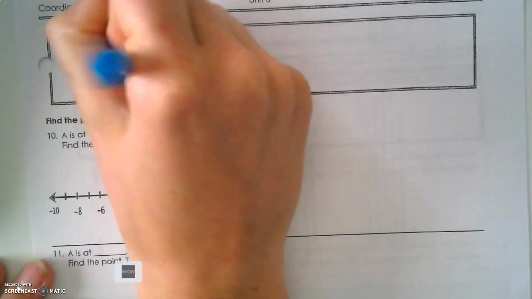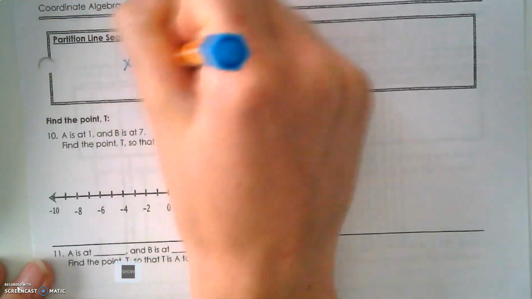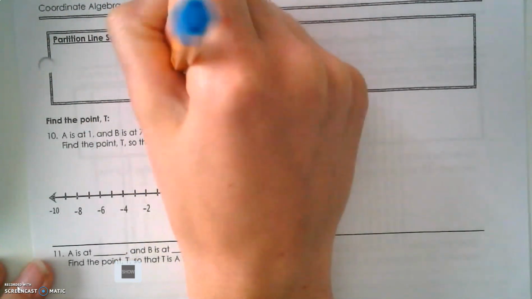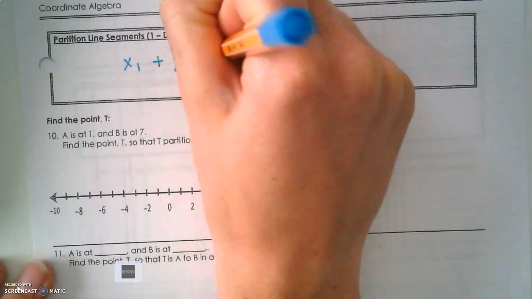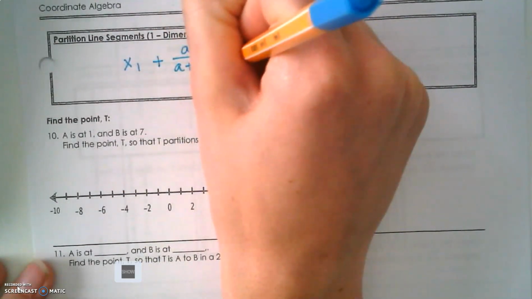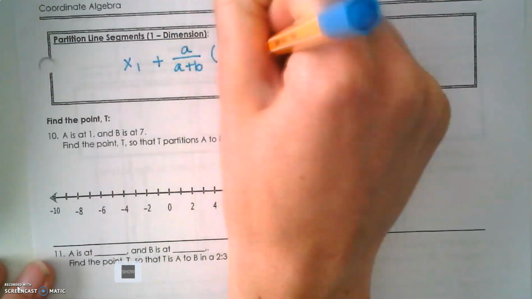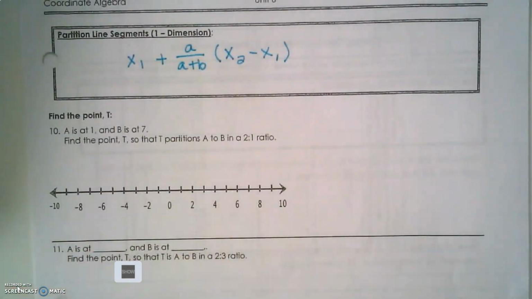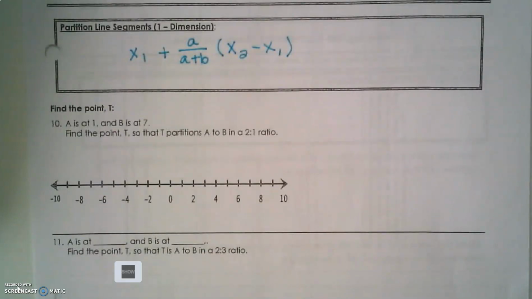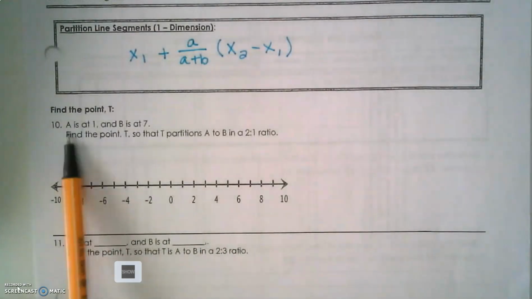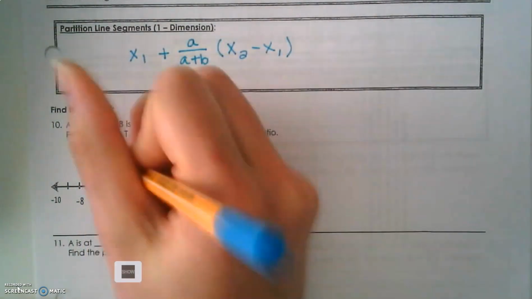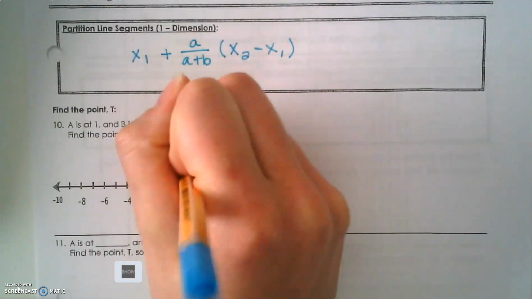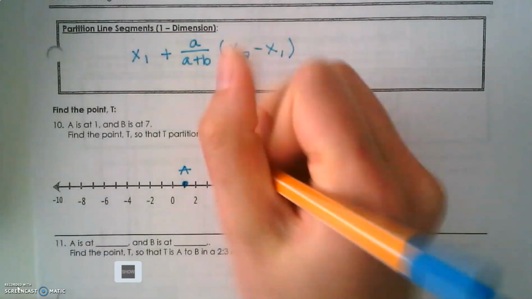It's going to be x1 plus a over a plus b times x2 minus x1. Talking one-dimensional, we're just going to talk about a horizontal distance first. So using this example here, A is at 1, so we have a point at 1, that's A. B is at 7.